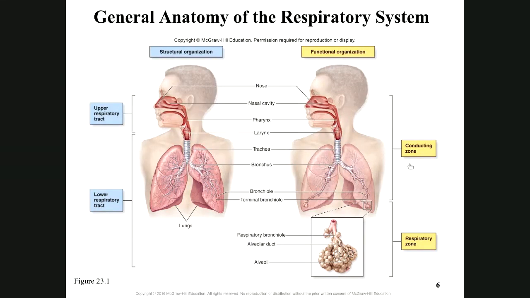It starts from the nose and continues to the bronchioles. After that, we have the respiratory zone, the zone which can do gas exchange. This zone contains the alveolar duct and alveoli, and also the respiratory bronchioles are located in this part, and I will talk about them completely for you later.